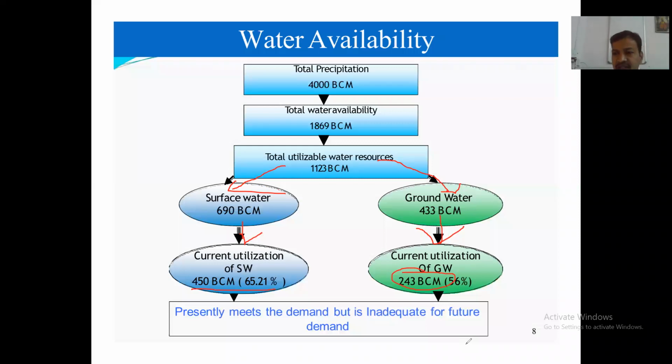So this much quantity is very less to fulfill the future requirement, future need. दोन्हीचं ऍडिशन किती होतंय 693. So this much of water is utilized for various purposes. So it meets the demand, but it is inadequate, insufficient for future requirement, future use.